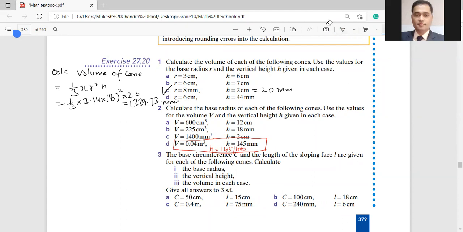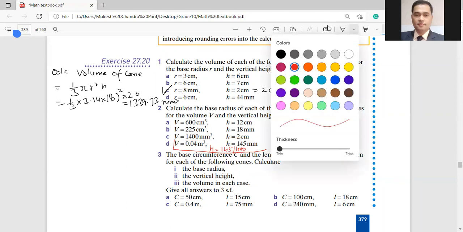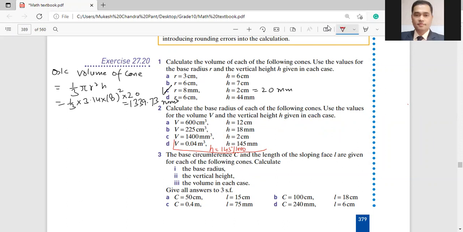So 145 over 1000 means three decimal places, 0.145 meter. This is the height.